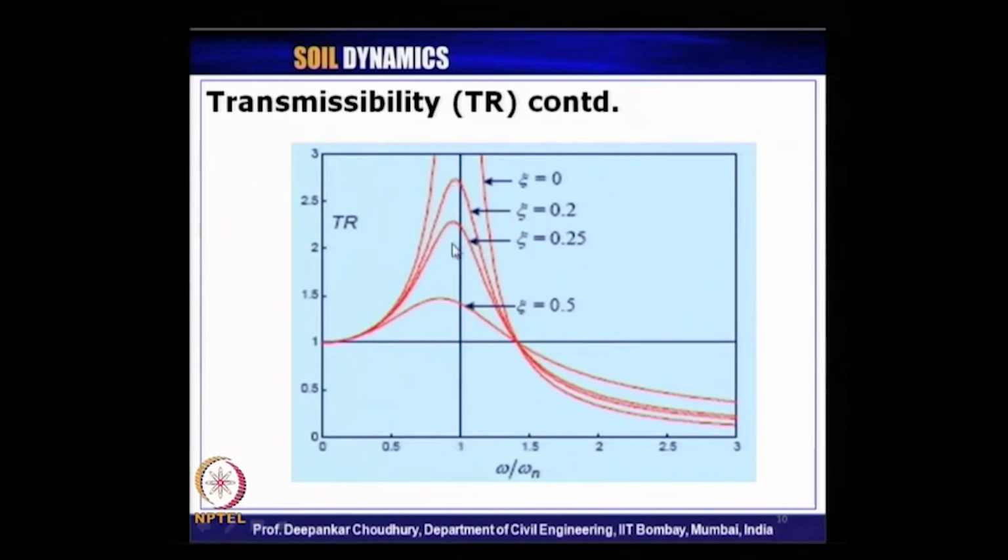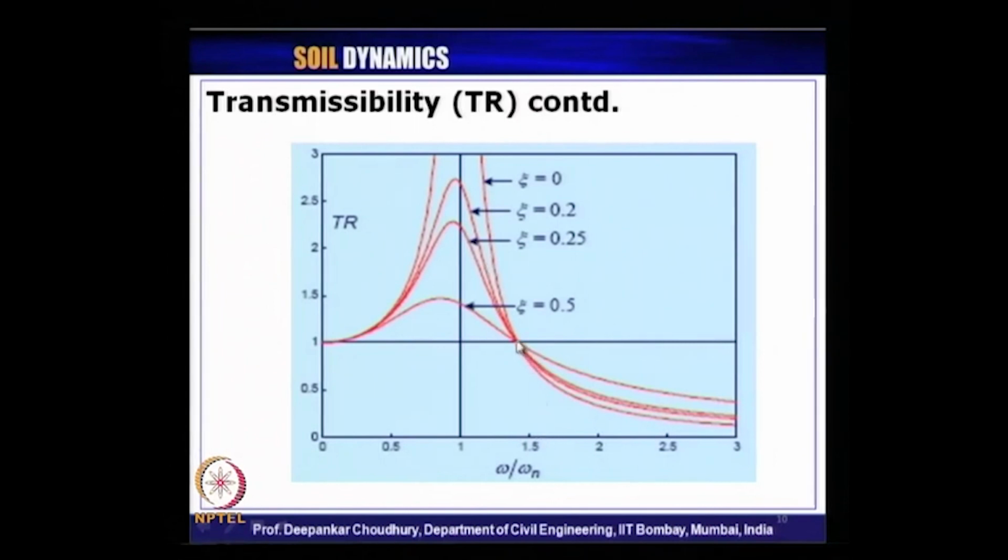Here also you can easily find the maximum TR and the value of R at which it occurs: you just need to differentiate the expression of TR with respect to R. Then it approaches 0 at very high values of R.